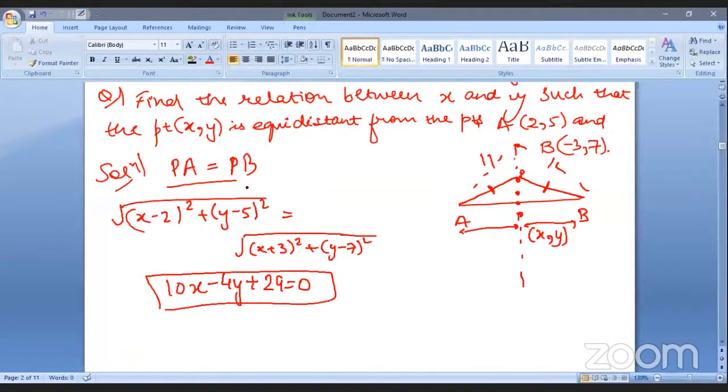Just open the squares, then bring terms here and there, and this relation is what you will get. So here we were asked to find the relation between X and Y, and this is the relation that we got. Okay, is it clear to everybody?